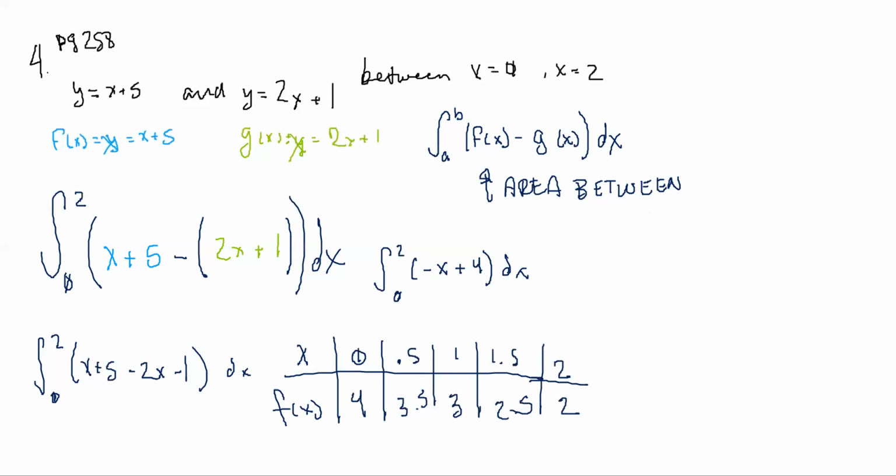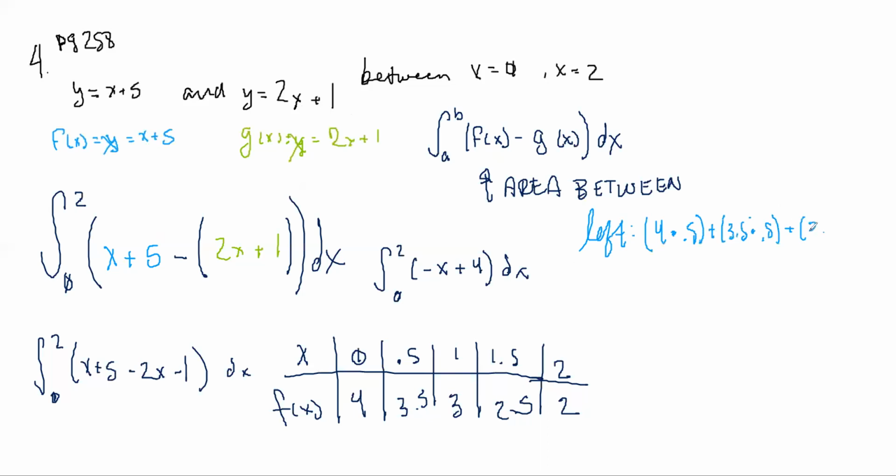Okay, then we're going to do the whole Riemann sum. We're going to do the left, which is going to be 4 times 0.5 plus 3.5 times 0.5, and then work all of this out.